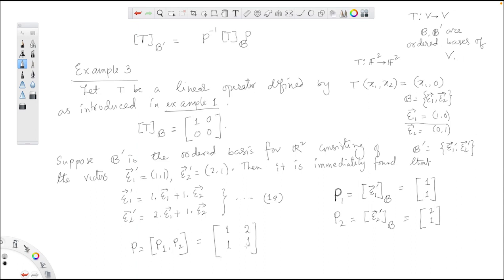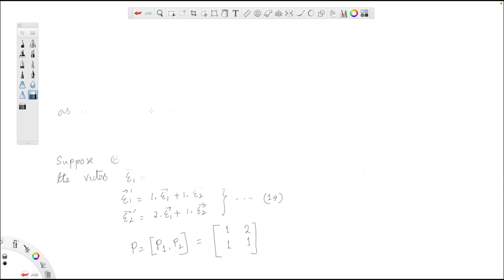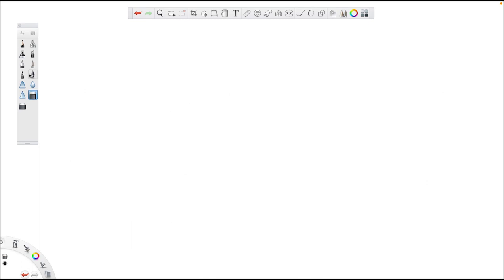Now we need to find the inverse of this, following the standard algorithm that we studied before in one of the lectures, probably lecture 3. This is the matrix that we are dealing with using our theorem of basis change. We know that it's an invertible matrix, so let's find its inverse.